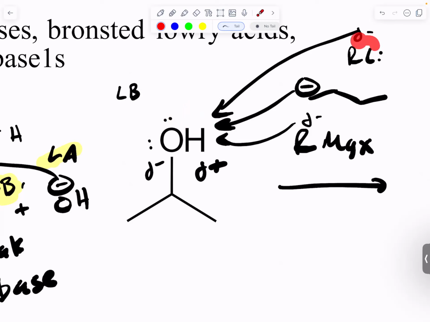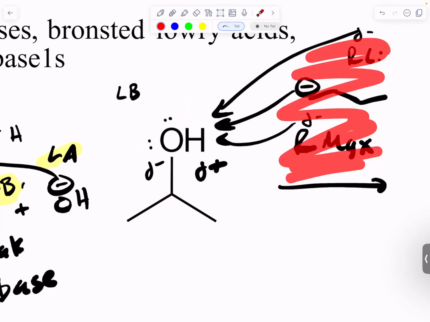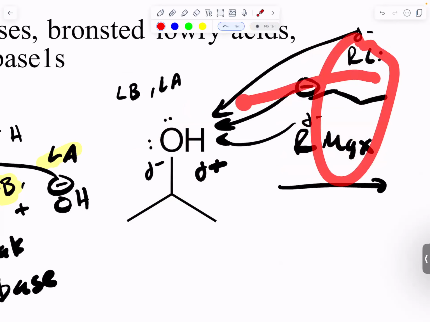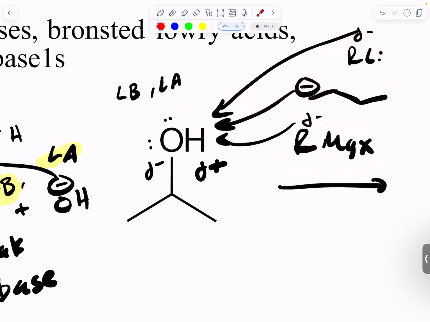However, in the presence of a strong base, it doesn't care about the havoc that it wreaks and leaves an aftermath afterwards, right? So if this is a stronger base, then it's going to come and take the proton. For that reason, this can act as a Lewis acid, because you have a strong base donating electrons in this direction, and the definition of an LA is accepting electrons. So this can most certainly act as an LA.